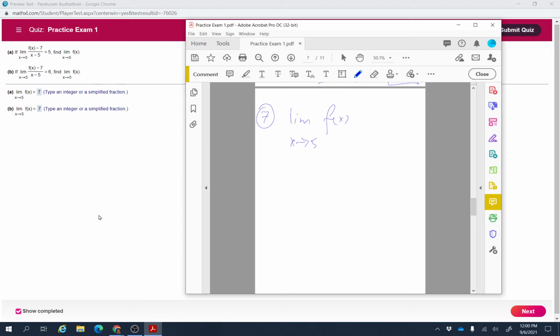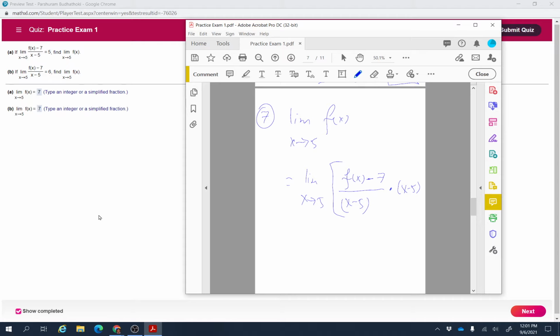When x approaches 5, I can rewrite f of x by dividing by x minus 5 and multiplying by x minus 5. Look here, x minus 5 cancels out.